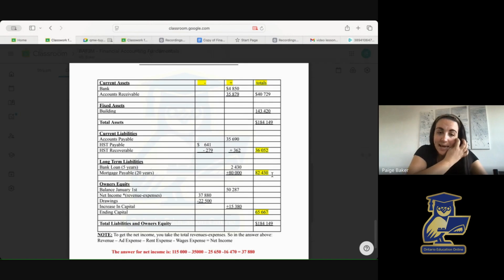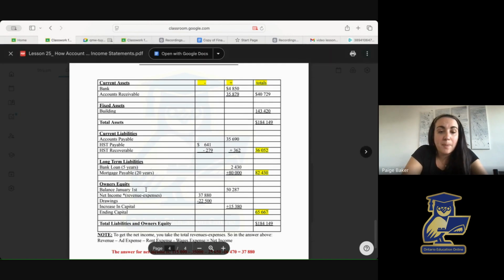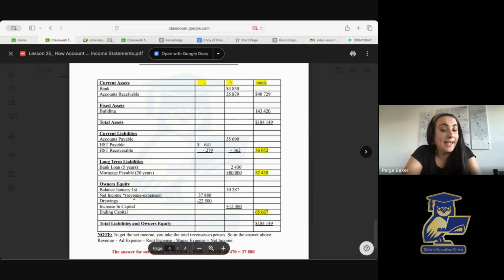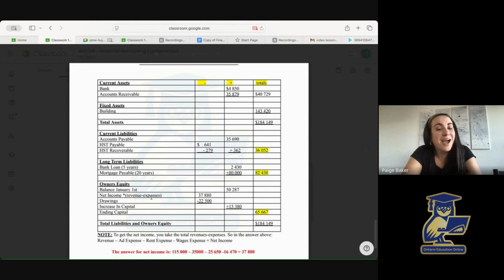Okay, so in this case, our balance at the beginning of January 1st is $50,287. Our net income, which is found by taking our revenue minus our expenses, which again is found on our income statement, is in this case $37,880. Our drawing, so the amount that was taken out of the business for personal use, is $22,500.